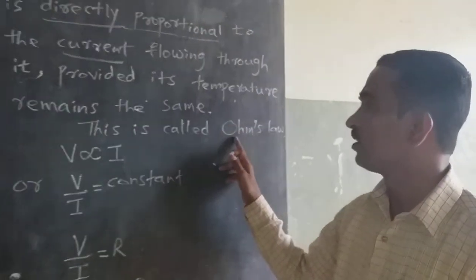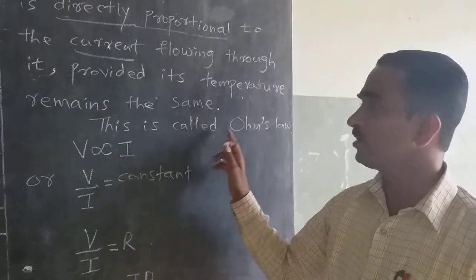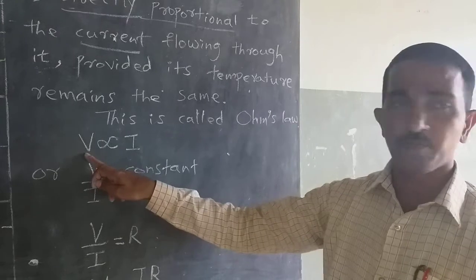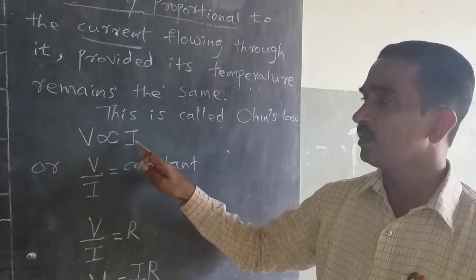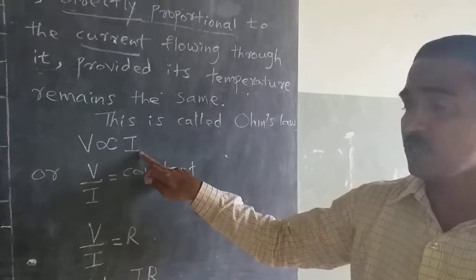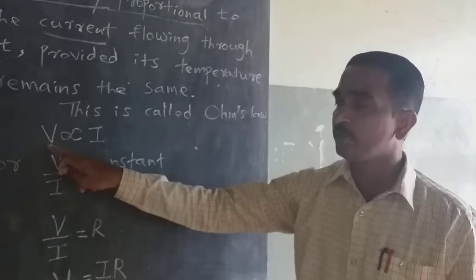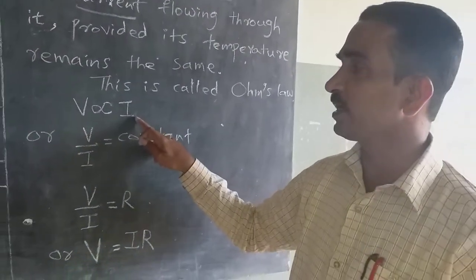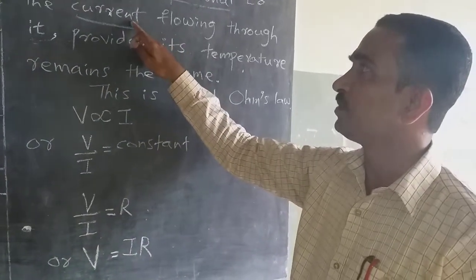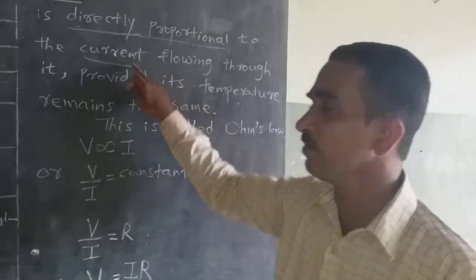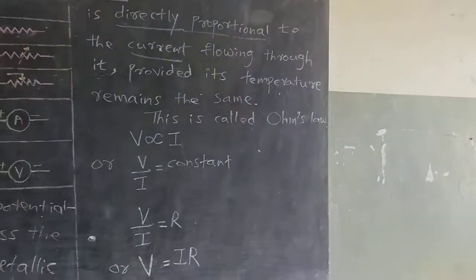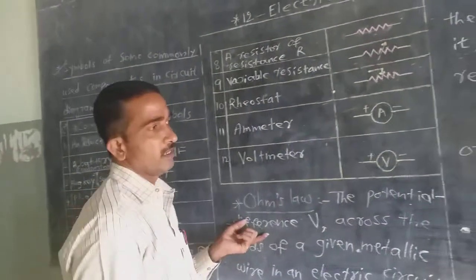This is Ohm's law. According to Ohm's law, potential difference V is directly proportional to electric current I. V means potential difference, I means electric current. It means if the flow of current in a circuit increases, at that time potential difference also increases.